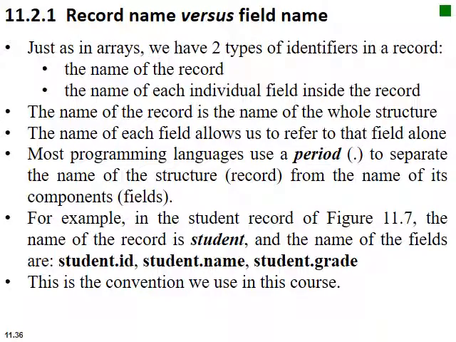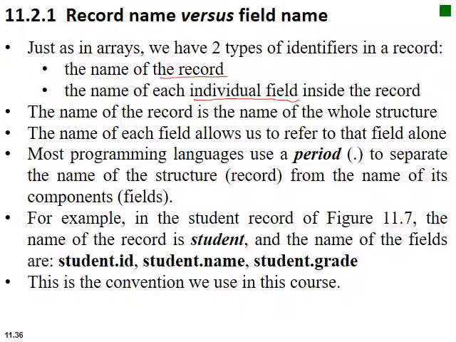Right, so let's start looking a little bit closer at some of the differences between records and fields. Just as in arrays, we have two types of identifiers in a record: the name of the record itself, and the name of each individual field, as you saw in the previous examples.